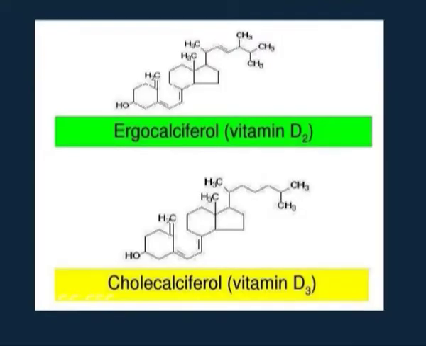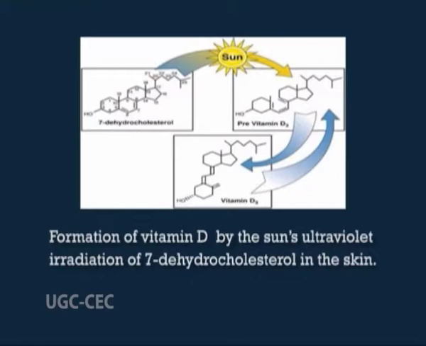Two compounds with vitamin D activity are involved in human nutrition: vitamin D2, ergocalciferol, and vitamin D3, cholecalciferol. The much more significant one of these is D3. Cholecalciferol is the chemical name usually given to vitamin D in common use. It is formed by the sun's ultraviolet radiation of 7-dehydrocholesterol in the skin.